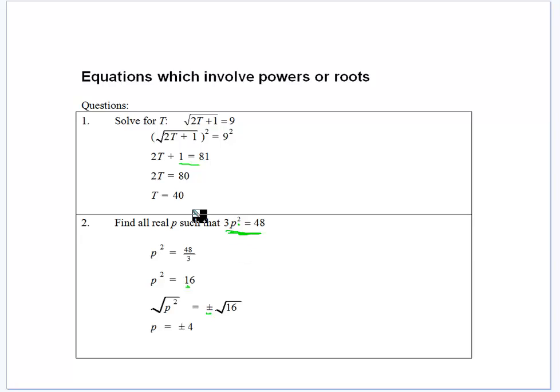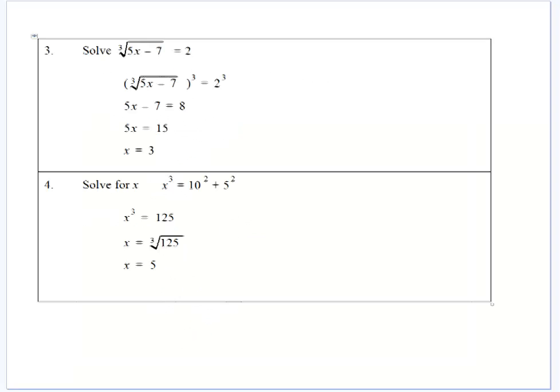So that's what we like to do with these types of equations. You're reversing that, so you're seeing what the numbers must be equal to. 3 times what gives you 48? 16. What squared gives you 16? Plus or minus 4. Again, we look at this one. The cube root of a certain number is equal to 2. The cube root of 8 is equal to 2, so 5x minus 7 would have to equal 8.